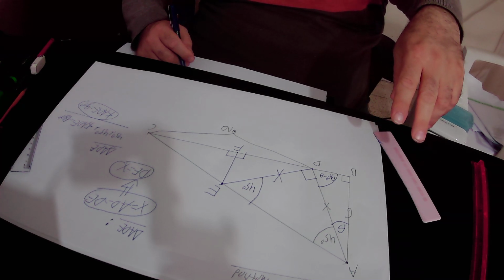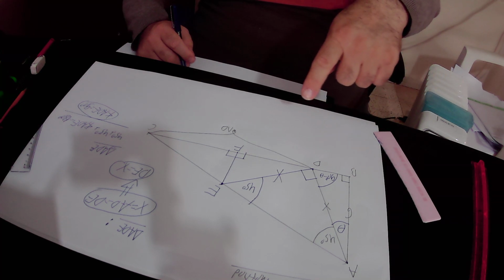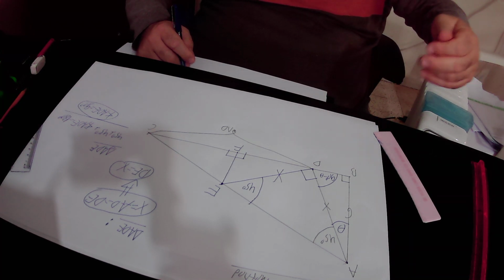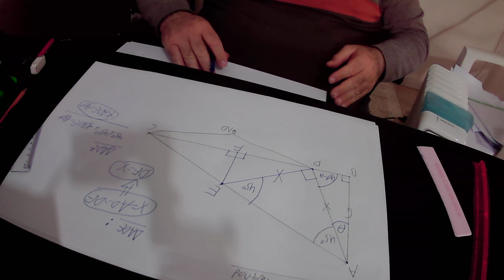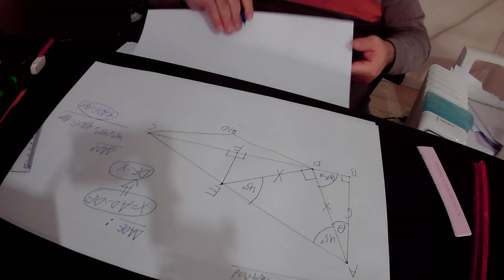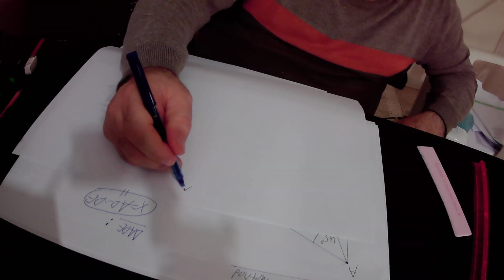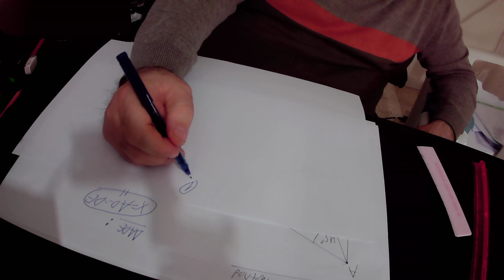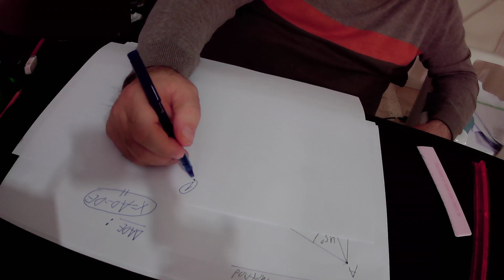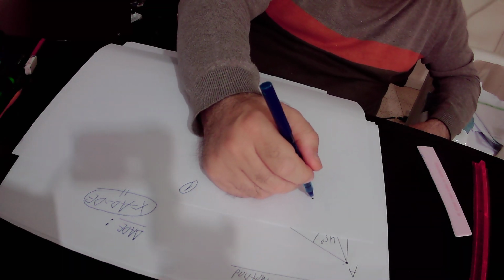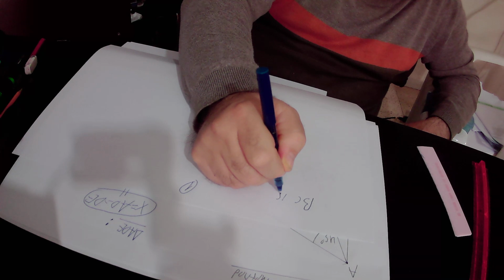Therefore line segment BC is one side of a right triangle. Because line segment BC is one side of a right triangle, it must be a straight line. So line segment BC is a straight line.